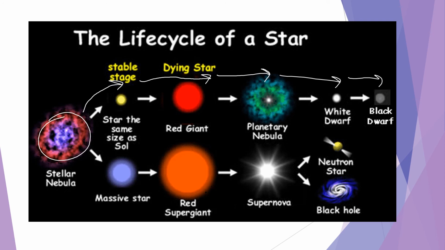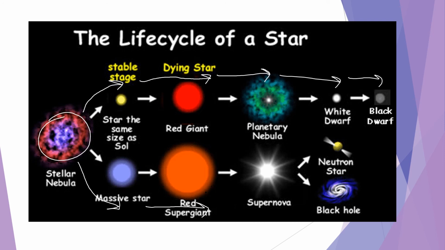Whereas stars that are high mass stars or larger stars, again, burn for a very long time, not as long as low mass stars. And once that nuclear fusion stops, these high mass stars start to die and they swell into a red supergiant.